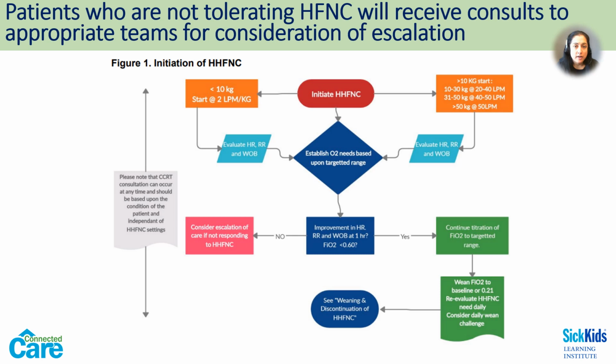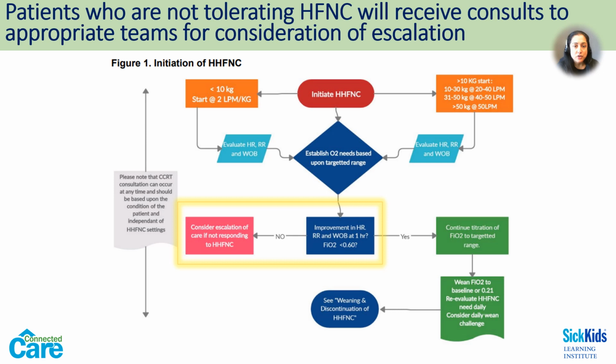So anyone on high flow nasal cannula, if they tolerate it and respond well, you should see that response relatively quickly, and this is our way of evaluating how they're tolerating the high flow nasal cannula. So we would look at heart rate, respiratory rate, work of breathing, and specific in the bronchiolitis population, you can use the bronchiolitis severity scoring tool as well.